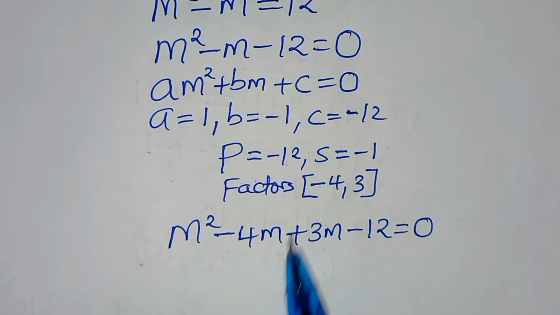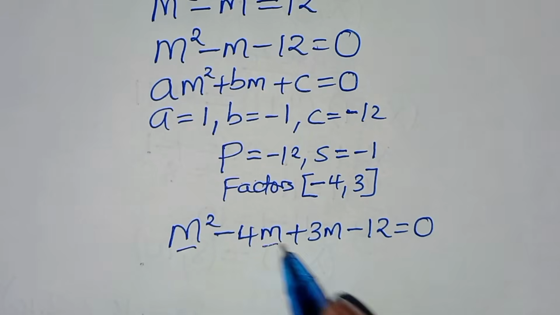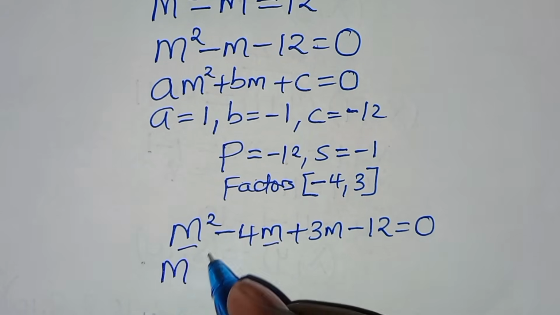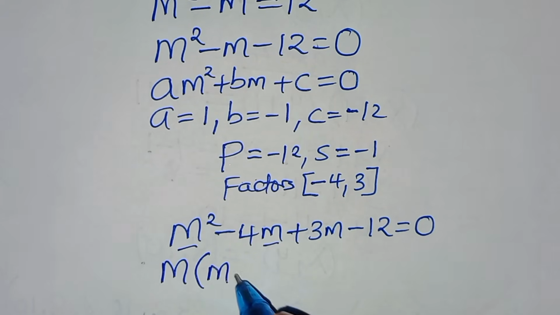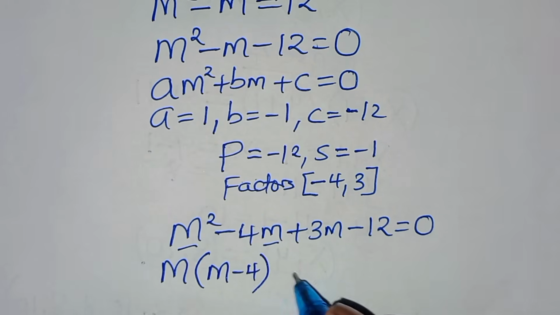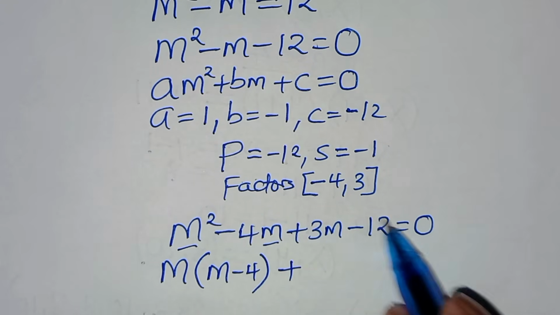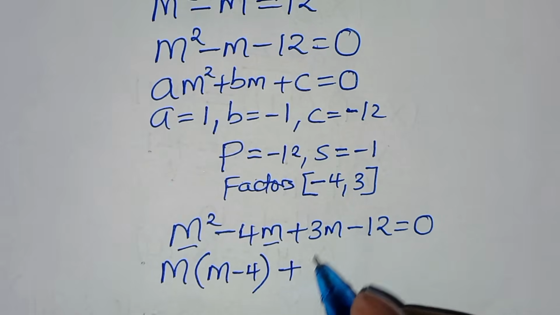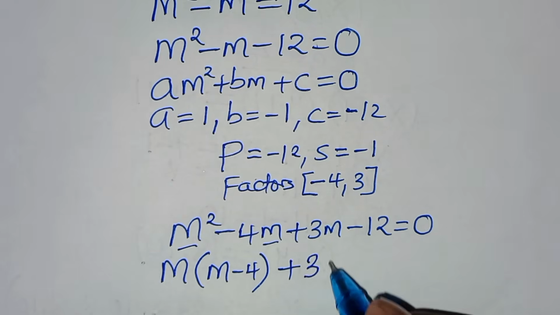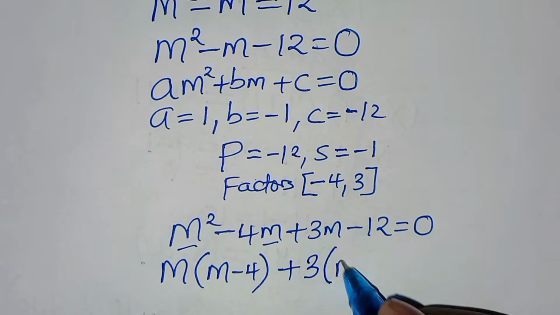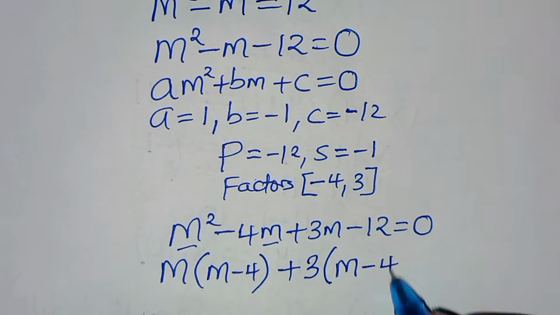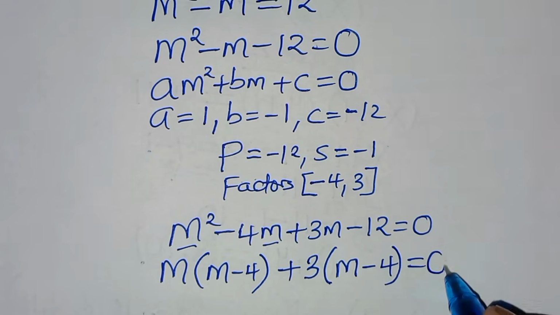Now from this part here, we can factor m so that we'll have m into the bracket m minus 4, then plus. Now 3m and 12 here, you find that 3 is common, so we factor out 3. So this is m minus 4. This is equal to 0.